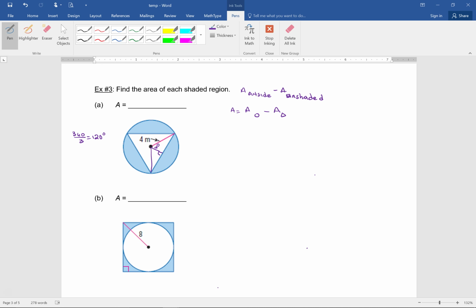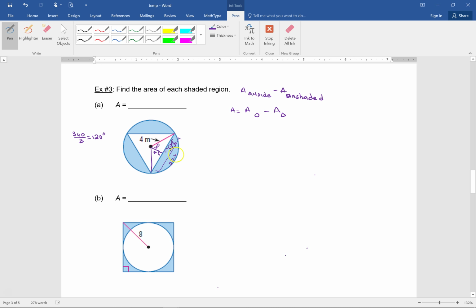So now, is the 4 the short leg, the long leg, or the hypotenuse? It's the hypotenuse. And if the hypotenuse is twice the short leg, then how big is the short leg? 2. That means how big is this? That's 2 root 3.